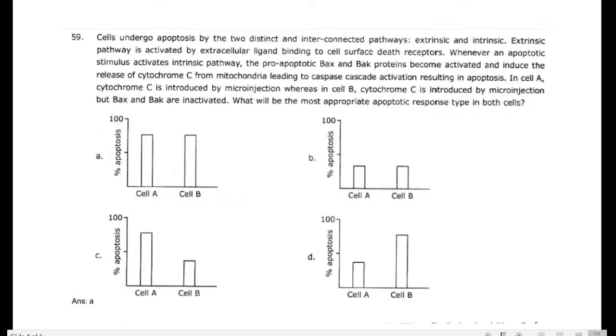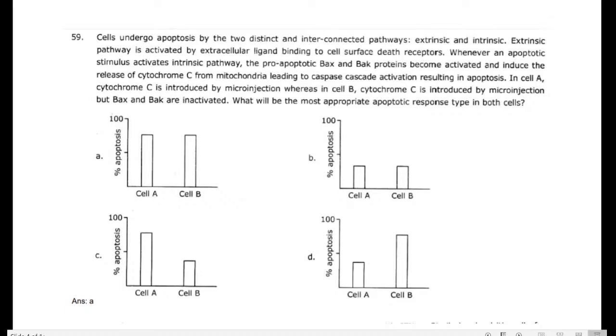That is the story they provided. In that story they are asking the question: cytochrome C is introduced by microinjection. We don't need the BAX and BAK proteins for the cytochrome release. They directly inject the cytochrome C into cell A and cell B.